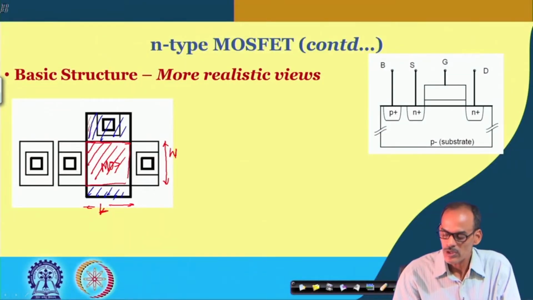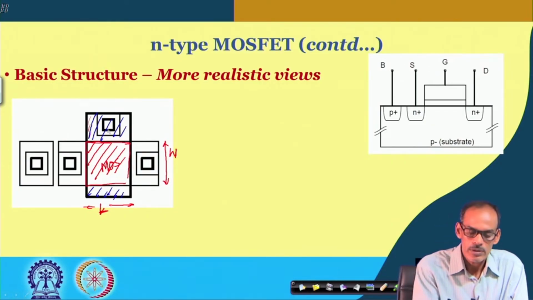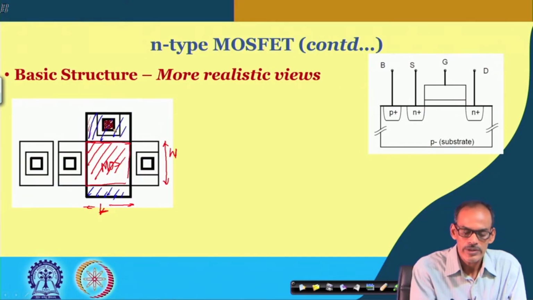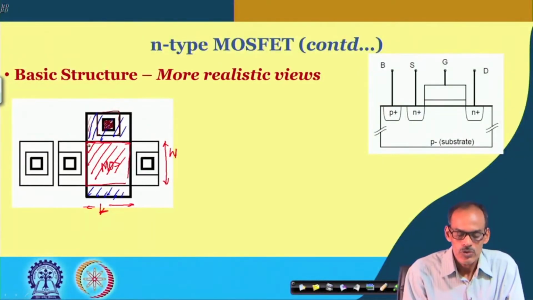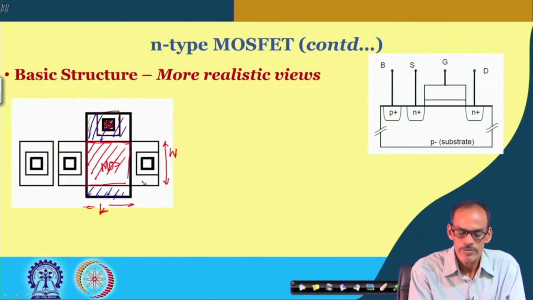And then we also have something called connecting terminal. So, we have this portion, it is referred to as the contact, and on top of that we have a metal. So, likewise in the drain region we have contacts here, and then we have the terminal metal.